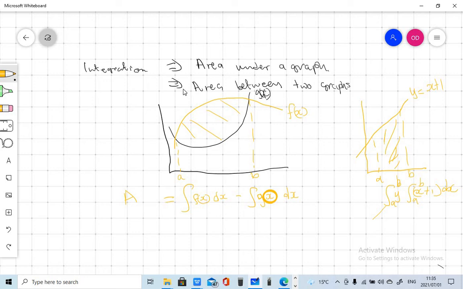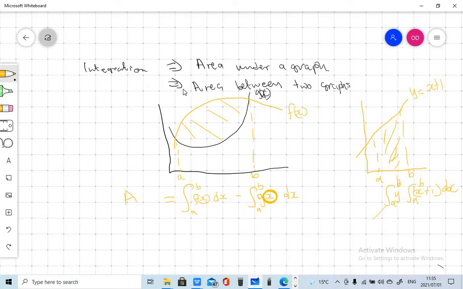So this will be integrated from A up to B, and this will be integrated from A up to B as well. Because integration gives you the area under a graph, if you integrate there, you find the area under the upper graph, and then you subtract the area under the lower graph, and the difference between the two gives you the shaded region.